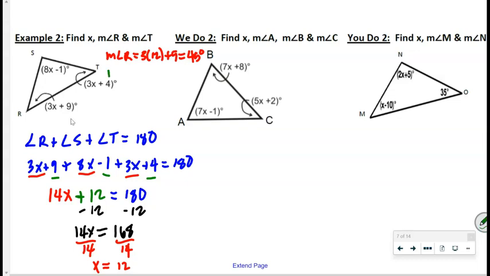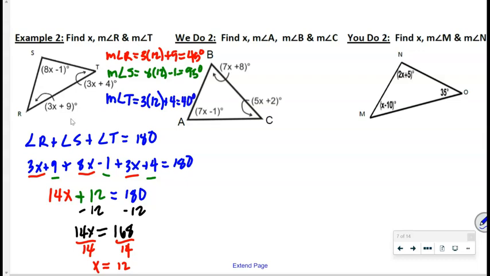Then I'm going to do the measure of angle s, and that's going to be 8 times 12 minus 1. I got 95 degrees. Okay. And then we've got the measure of angle t, and that's going to be 3 times 12 plus 4. So this one is going to be 40 degrees, right?